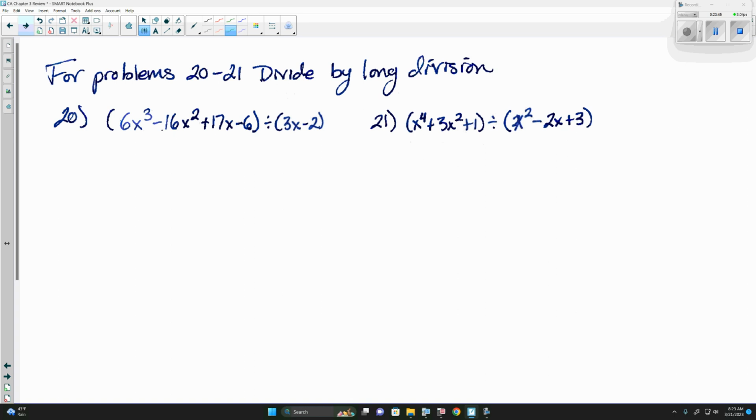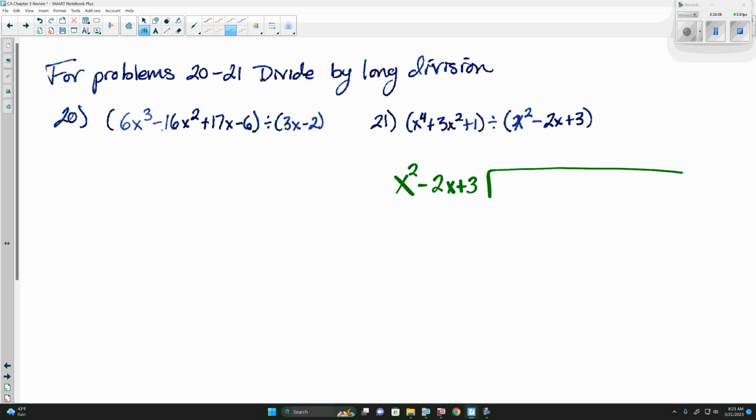Divide by long division. Which one do you guys want to divide by long division? Doesn't matter which one. We can look at 21. Now the number outside is going to be our x squared minus 2x plus 3.